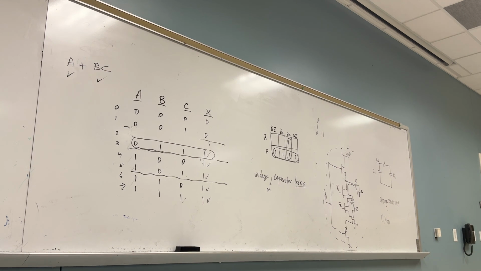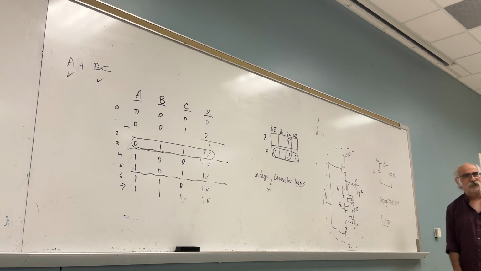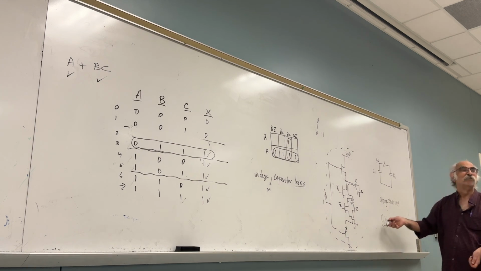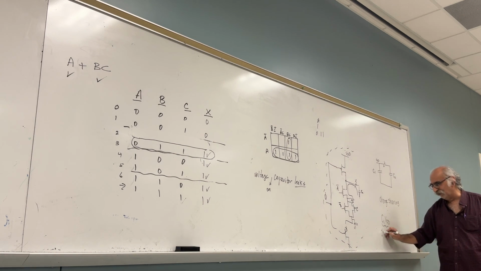What do you get by multiplying capacitor times the voltage? You get the charge on C1.